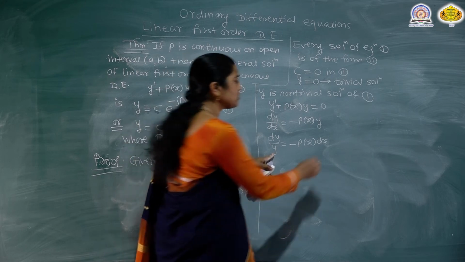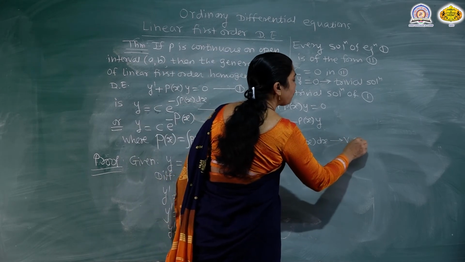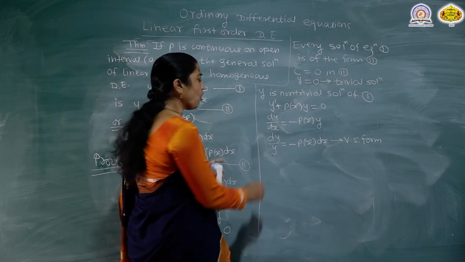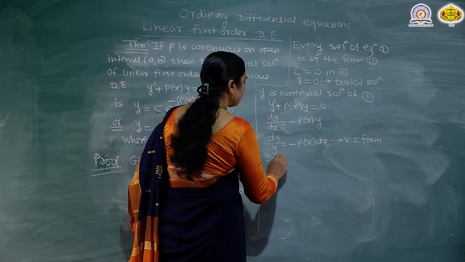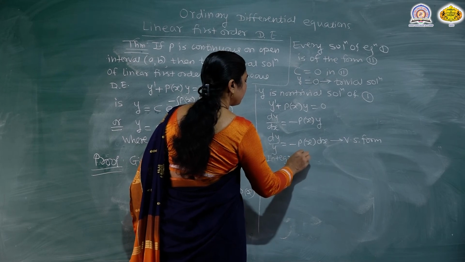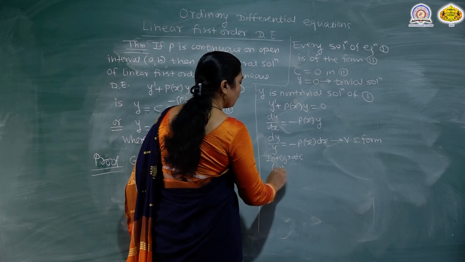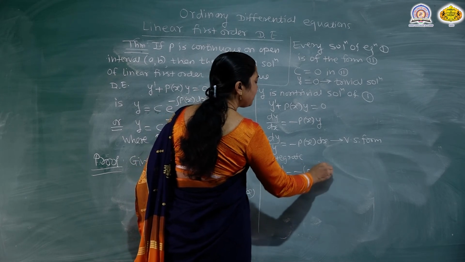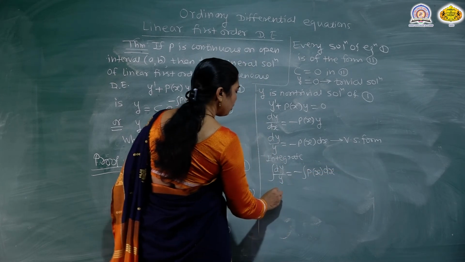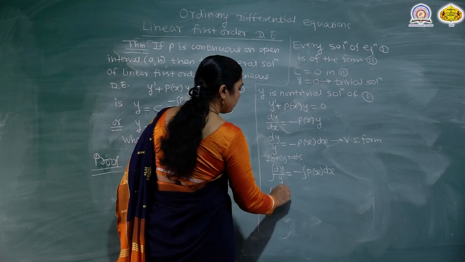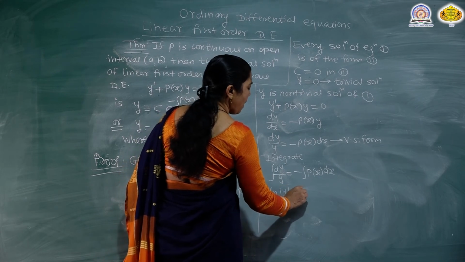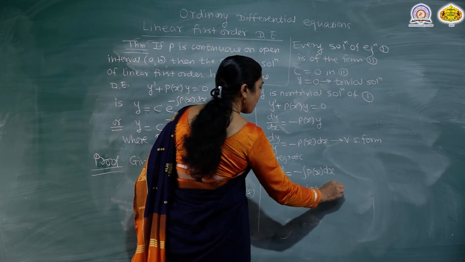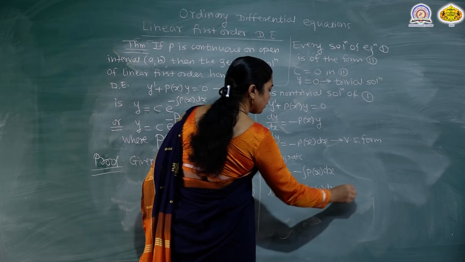Observe that this is variable separable form. Once we get variable separable form, we integrate this. So integral dy upon y is equal to minus integral px dx, or ln of mod y is equal to minus integral px dx plus some constant of integration k.